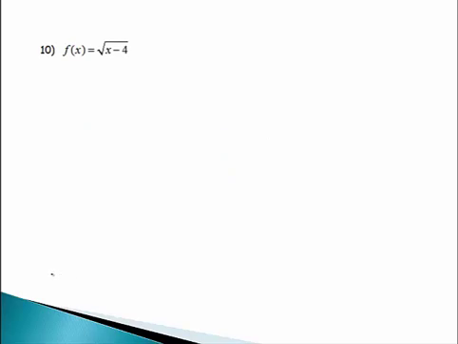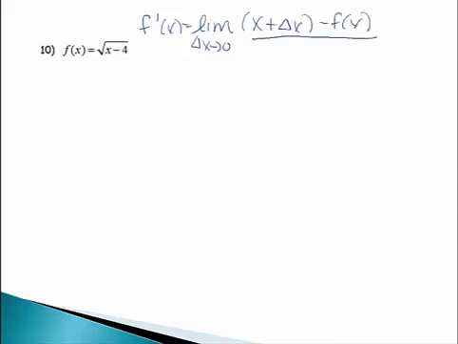All right, let's look at this one. This one's a little bit more complicated just because of the whole square root business. But I want you to find the derivative using the definition. So again, the derivative is the limit as delta x approaches 0. I'm just rewriting these from previous slides. You probably already have it in your notes if you're looking. All right, so I'm going to take the limit as delta x approaches 0 of wherever there's an x, I'm going to put something else in its place in a few minutes.